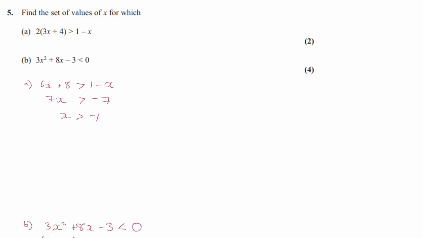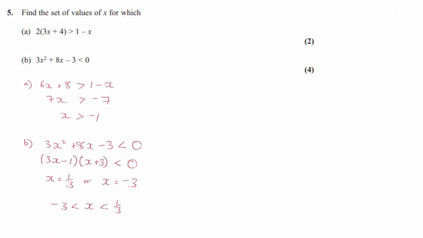And part B, I factorized it to find the critical values. And instead of drawing a graph, I just substituted a number like a 0 into there, and saw whether it was less than 0 or not.